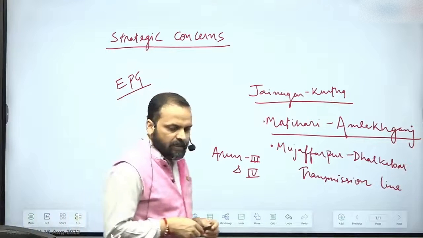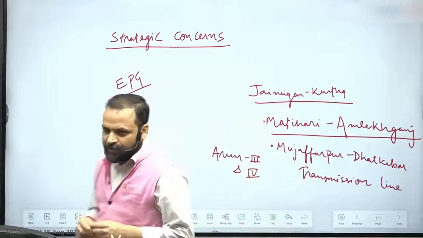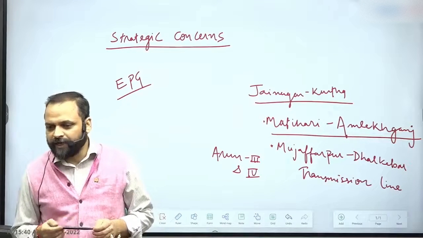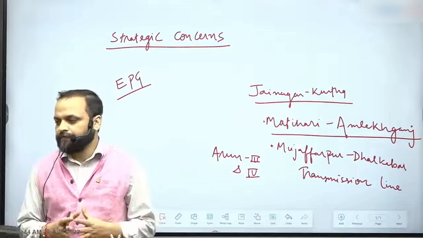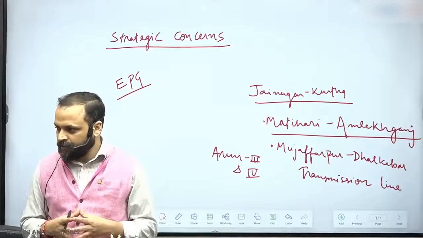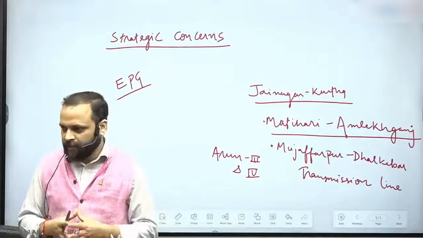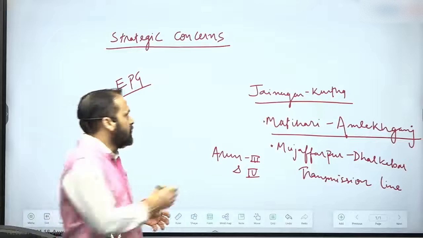So basically the EPG, Eminent Persons Group, was constituted in 2014 to review all the existing agreements between India and Nepal. It included retired diplomats and academicians from India and Nepal. So it was a civil society group created by both countries. It submitted its report in 2018.